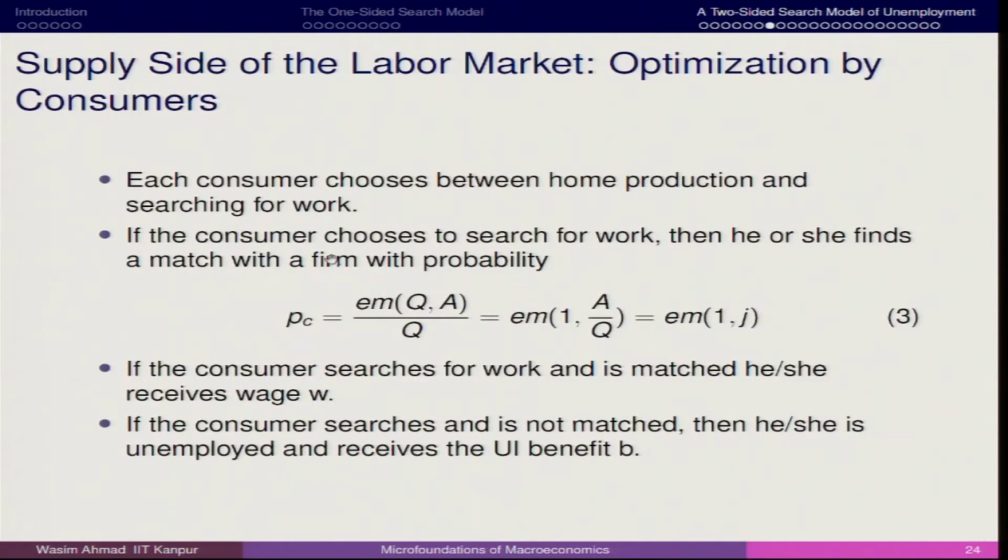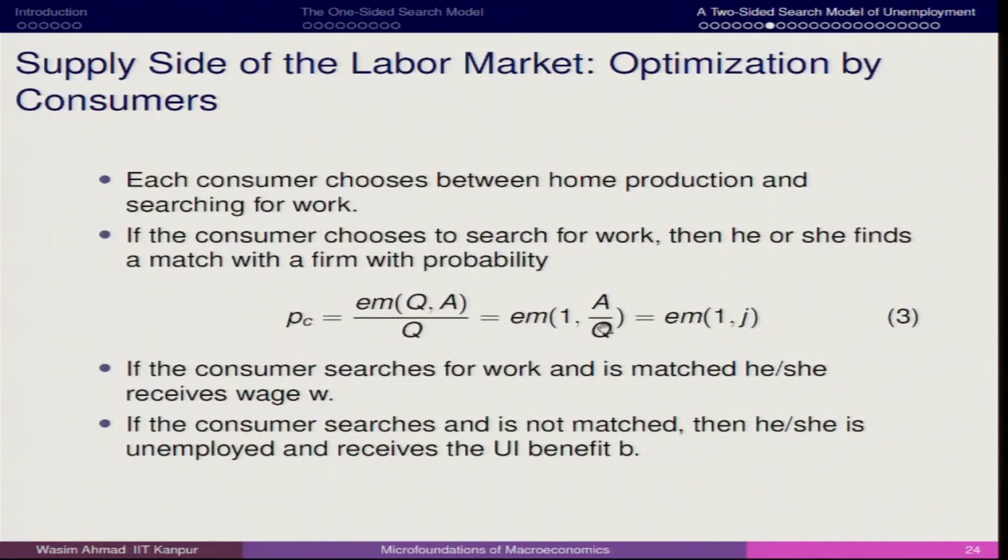Now, if the consumer is choosing to work, which means he is deciding to search for work, then he or she finds a match with a firm with a probability of E·M(Q, A) upon Q. This can be written as the probability of getting employed, where Q gets cancelled.